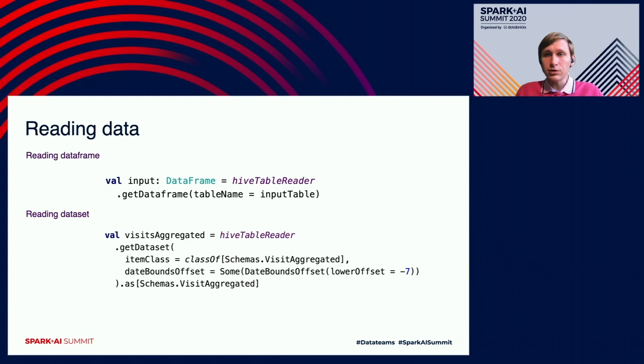As I mentioned before, Sputnik implicitly filters out the data based on date from the input table. But sometimes you need to adjust the logic around this filtering. For example, every day you process data for the last 7 days to find some averages for the last 7 days. Sputnik allows you to do these modifications through date bounds offset.